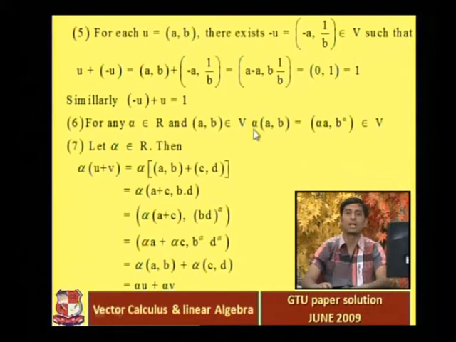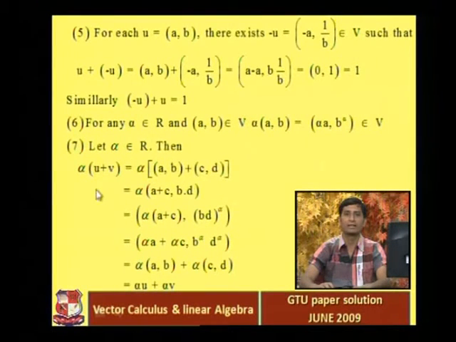So b is positive, alpha is any real number, so b raised to alpha is always positive, whether alpha is positive, negative, or 0. For 0, b raised to 0 is 1 for b greater than 0, correct? So for any scalar alpha, b raised to alpha must be a positive number, so that's why this belongs to V. It satisfies the condition that the first coordinate is a real number and the second coordinate is greater than 0.